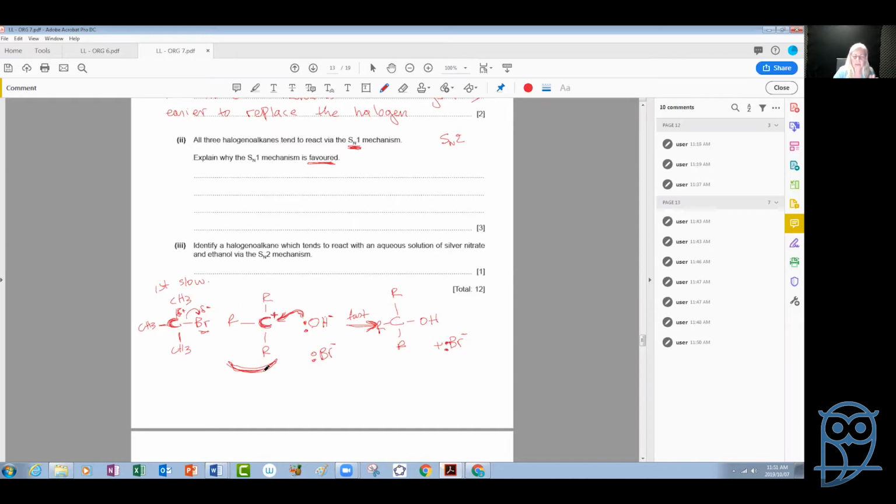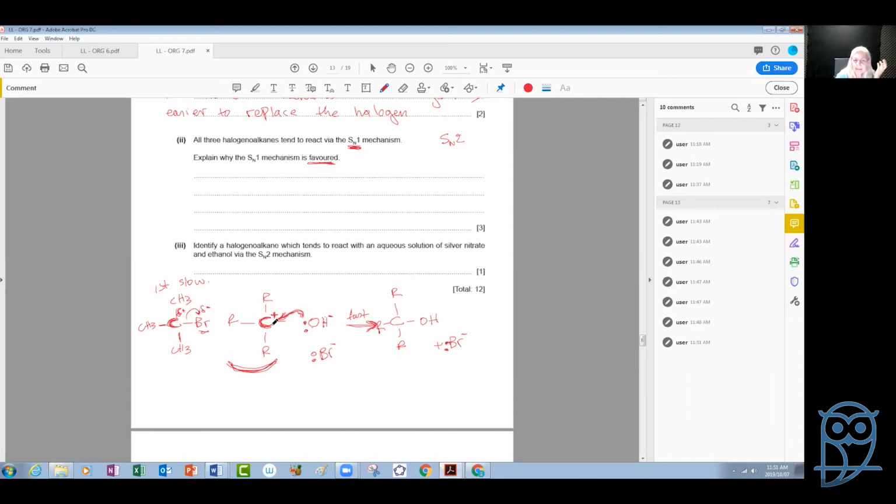And the reason, we had said it before, if I remember well, when we were talking about the formation of carbocations: a tertiary carbocation is more stable than a secondary carbocation, and a secondary carbocation is more stable than a primary carbocation. Here we have the tertiary type, which is the most stable of all of them.